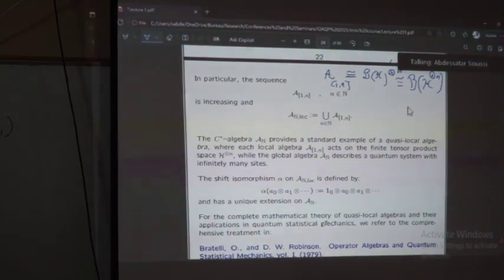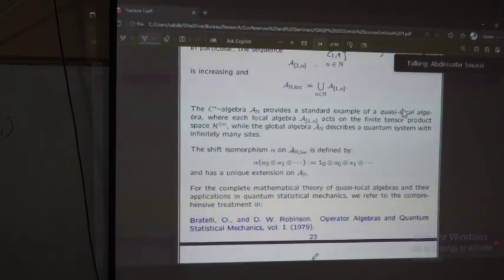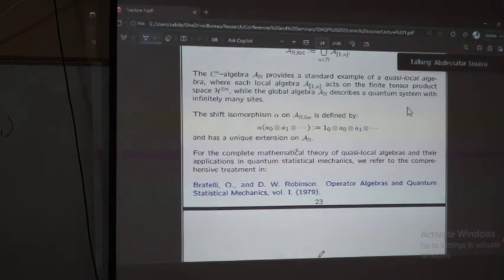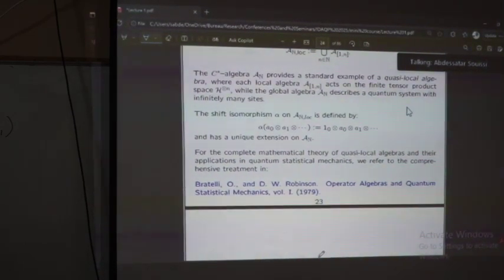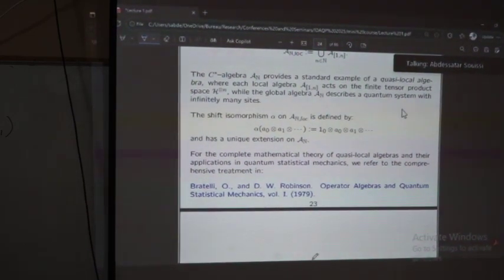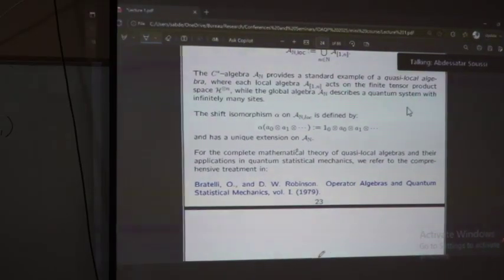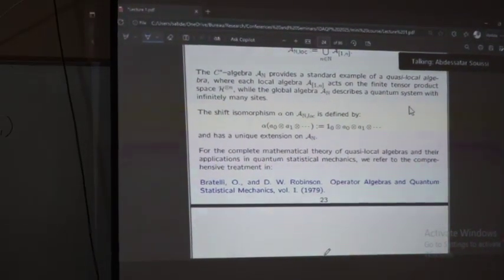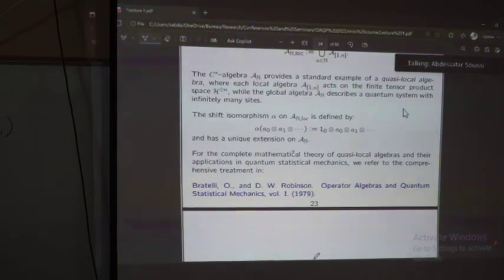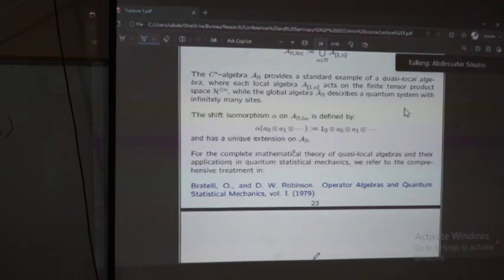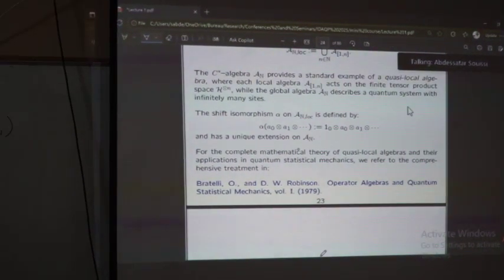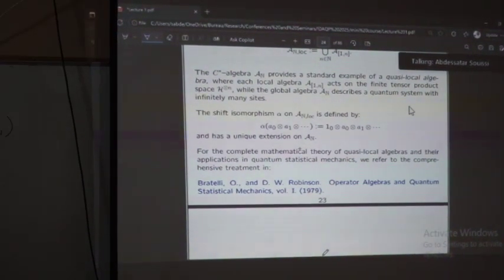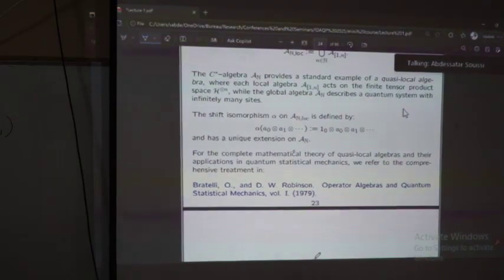Now we define the shift over the local algebra that shifts the elements. The shift of an element is defined by putting 1 in the first position and shifting the rest, because this is an isomorphism defined on the local algebra.